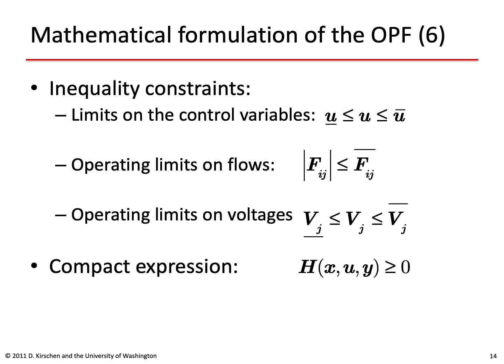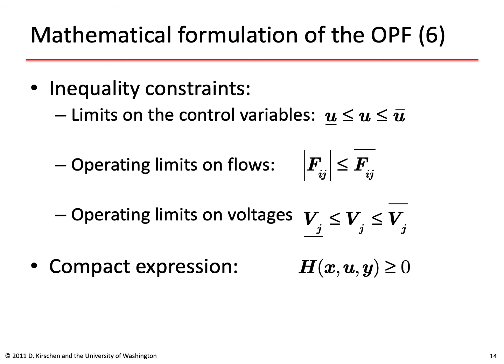And finally, we have the inequality constraints. The most obvious inequality constraints are those that arise from the limits on the control variables. All control variables have a lower limit u underscore and an upper limit u overscore. We also have operating limits on the flows. It's expressed as the absolute value of the flow must be less than or equal to the maximum flow in the line.